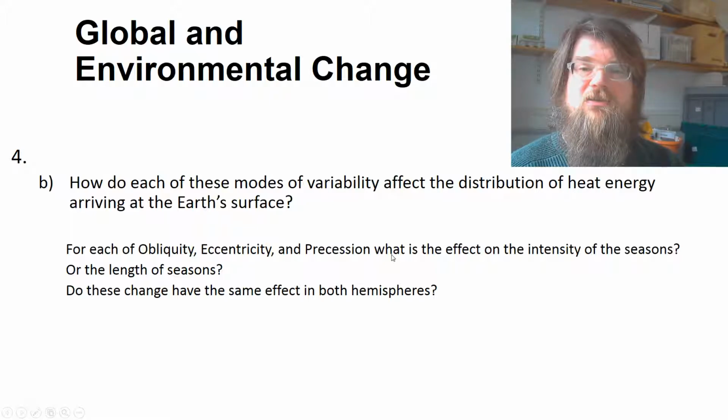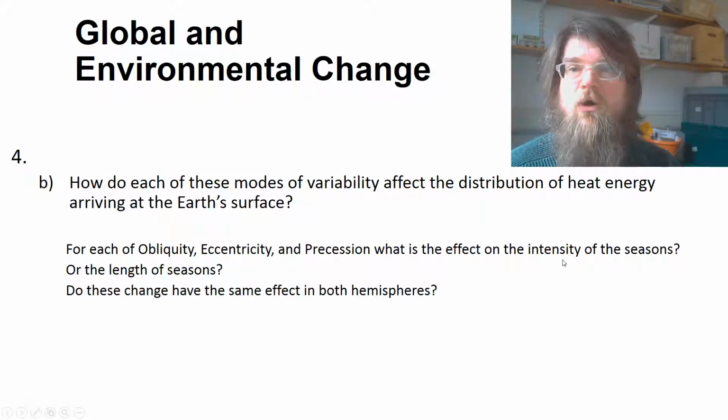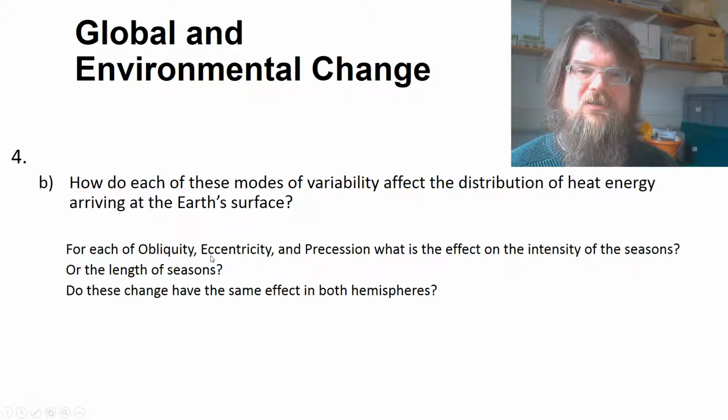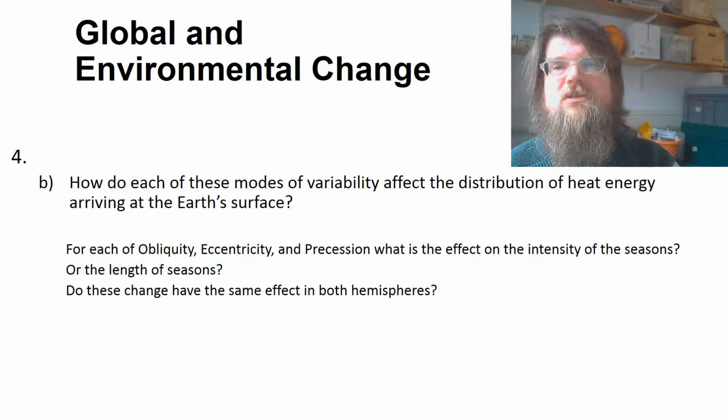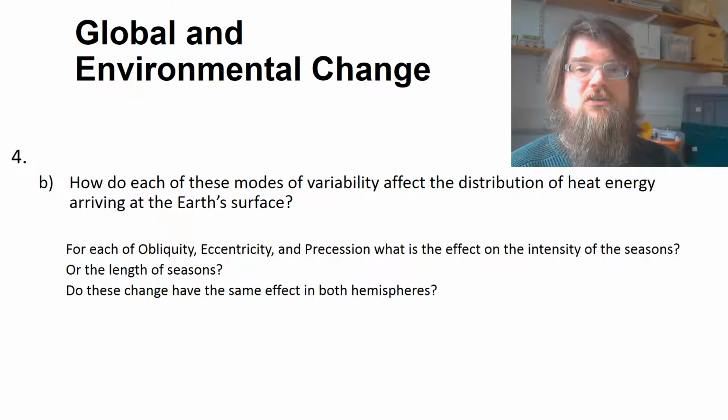How does that affect the intensity of the season? So this is what I was really getting at with this distribution of heat energy. So how hot the summers are, or maybe how long the summers are. Okay, this fits into part of the eccentricity. And are these changes the same in both hemispheres at the same time? Okay, hopefully you remember from the lectures that for some it is the case and some it's not.